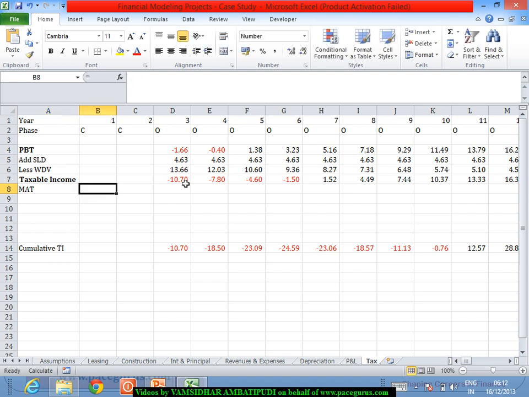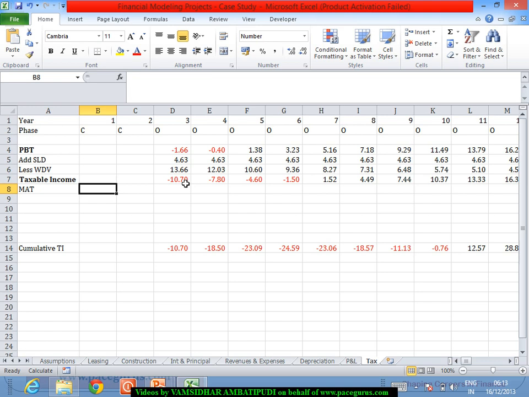How do I look at the MAT? If my taxable income is negative but the PBT is positive, it is in that period the MAT is applicable for me.